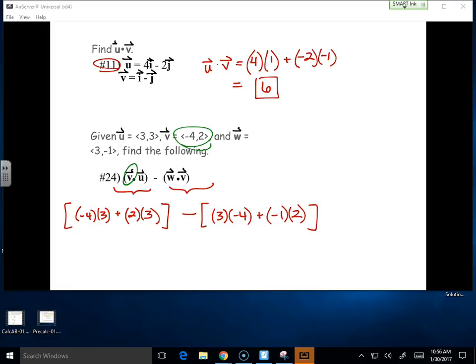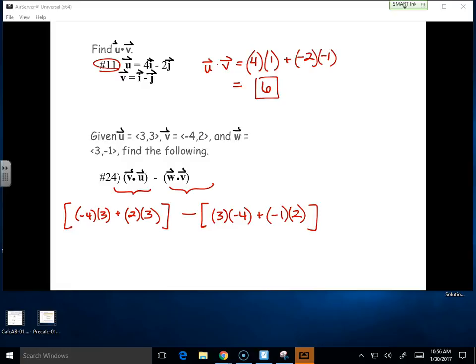Then we were taking u piece by piece. So that's why we got the horizontal of v, -4, times the horizontal of u, 3. Then we did the vertical of v, 2, times the vertical of u. Now we're not done. Obviously we have some PEMDAS to do, but you guys see where the numbers are coming from now? Horizontal times horizontal plus vertical times vertical. That's the dot product in words.